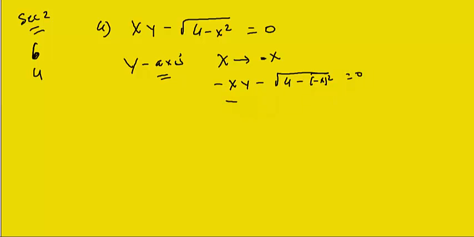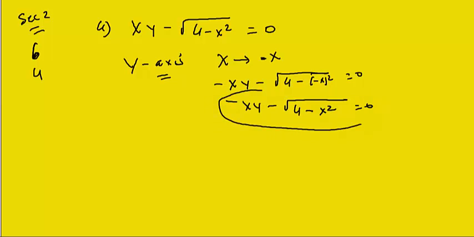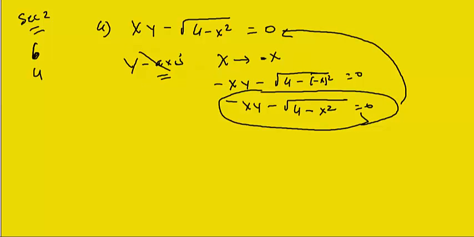Clean it up. Negative x times y minus square root of 4 minus x squared is equal to 0. Is this exactly the same as that? No. So, not y-axis.